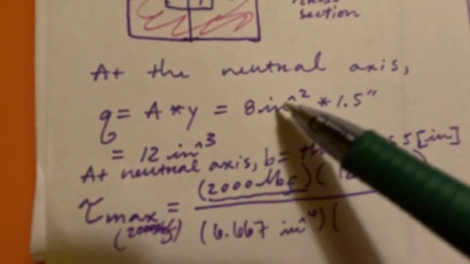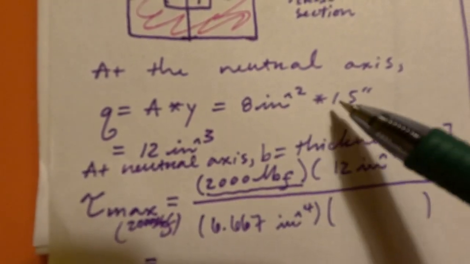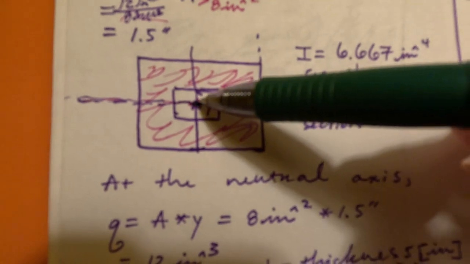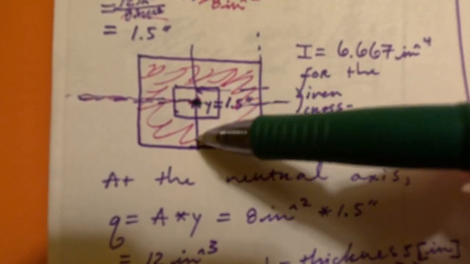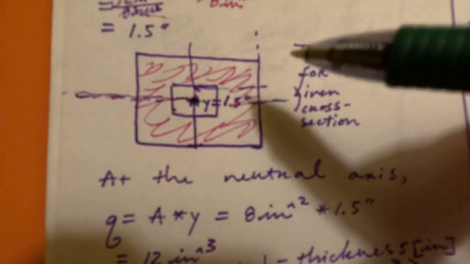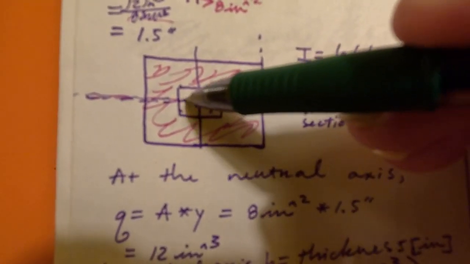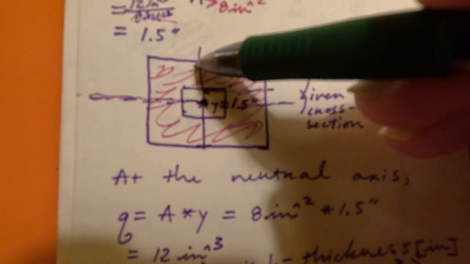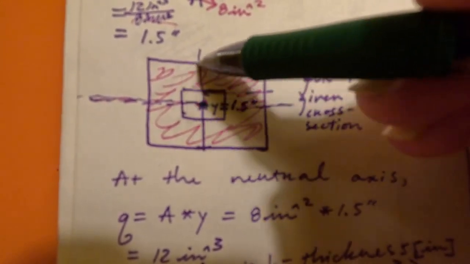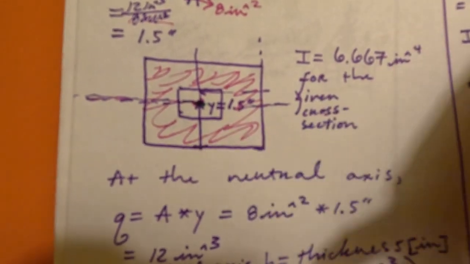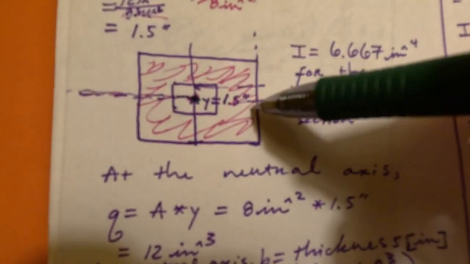Think of it more as the area times that distance right here, or I think in textbooks they usually explain it as looking from this centroid, how far away is this component, or the other way, how far away is that component.